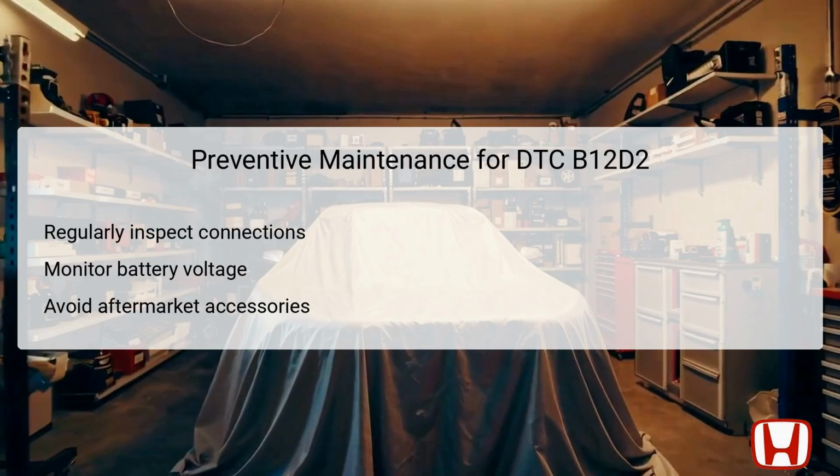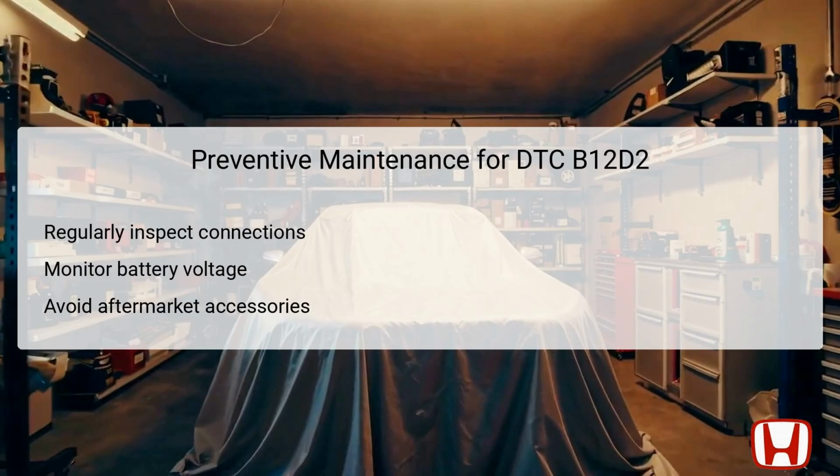To prevent future occurrences of DTC B12D2, several maintenance strategies should be employed. Regular inspections of all electrical connections and wiring can prevent disasters caused by corrosion or loose components. Keeping an eye on battery voltage is equally important, as fluctuations can adversely affect the power control unit.